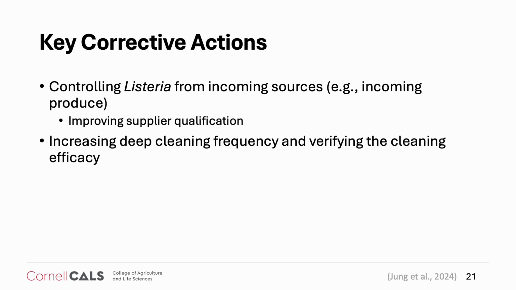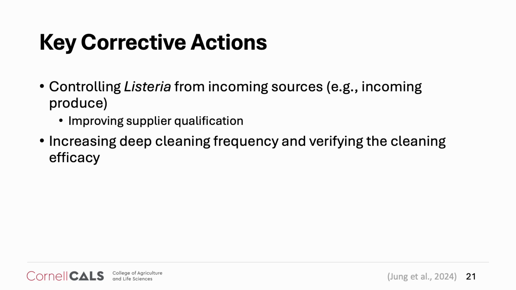So based on the scenarios developed, we would have compared how much of a change in Listeria prevalence and concentration had for each scenario with the baseline model result. Based on how much Listeria has been reduced, we can identify how effective each corrective action is and suggest some of the corrective actions that can take place in reality.